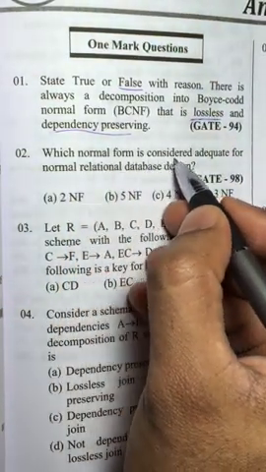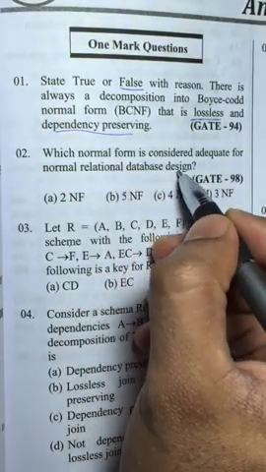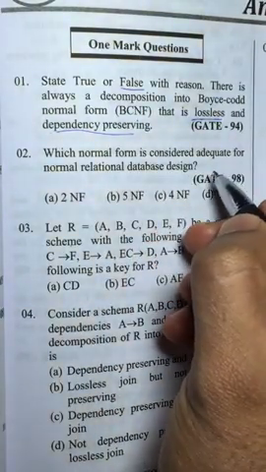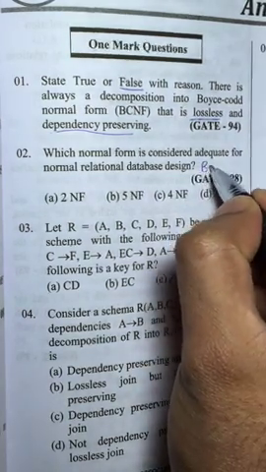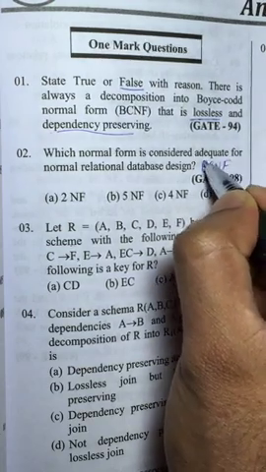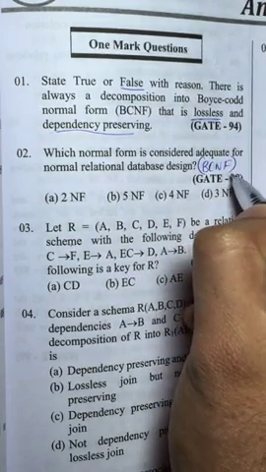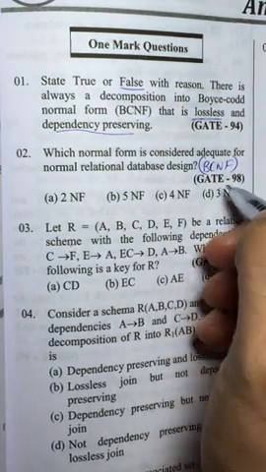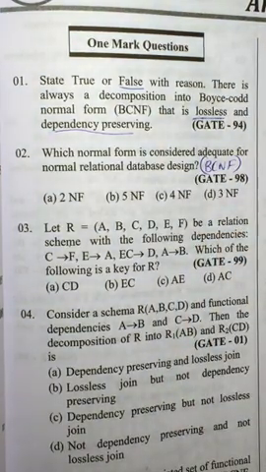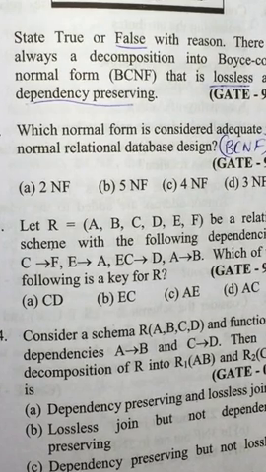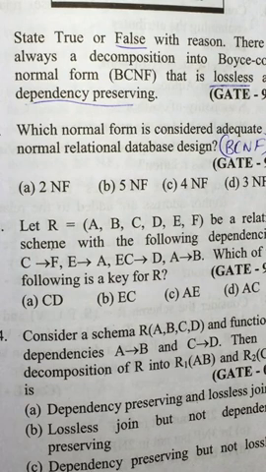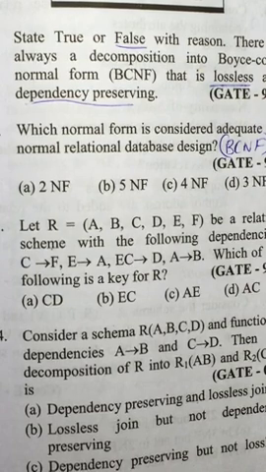Which of the following is considered adequate for normal database design? In general, in practice, what we need is 0% redundancy, and 0% redundancy can be achieved by BCNF. Moreover, one thing worth observing is that in most practical scenarios in industry, when we take a table towards 3NF, the third normal form, it automatically happens to be BCNF in most of the cases, for most of the common examples.